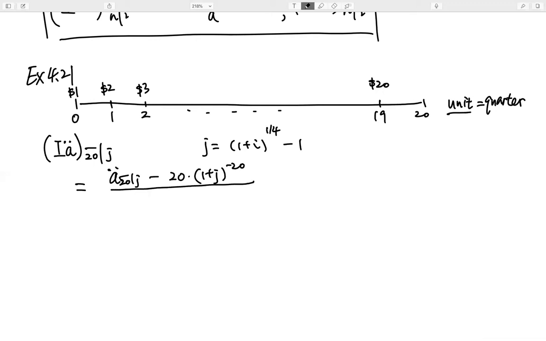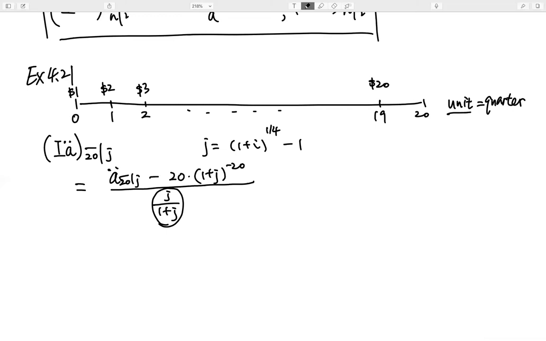Because this is annuity due, I will need to divide by d. I can't use d here because we usually reserve d for the 1 year unit, right? So here it will be j divided by 1 plus j. I don't have any notation for this. This is the corresponding discount rate per quarter: the corresponding interest rate divided by 1 plus the interest rate.